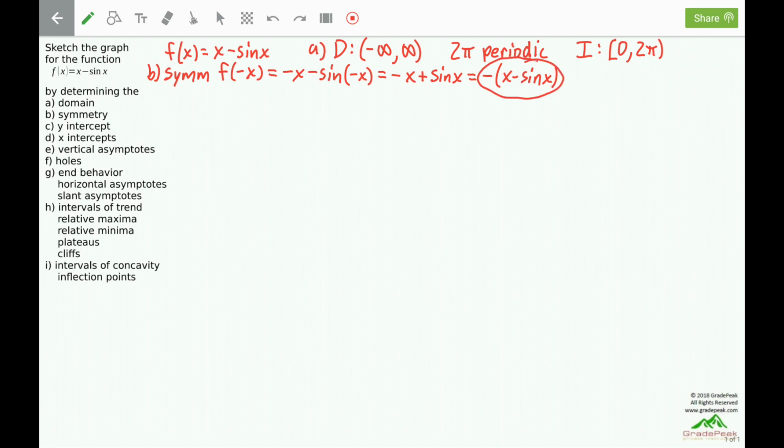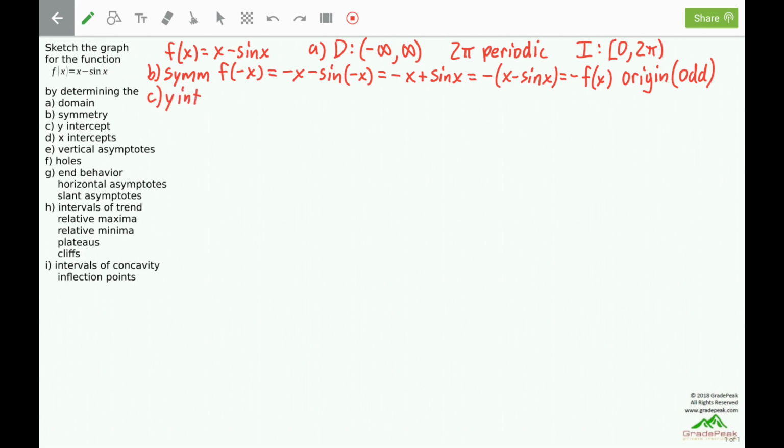Comparing this result to the original, it is exactly the same, except has a negative factored out in front of it, which means that f of negative x equals exactly negative f of x. And this is the condition needed to have origin, also known as odd symmetry. This means that the graph will be its own mirror image over the y-axis followed by the x-axis. We will be sure that that is the case.